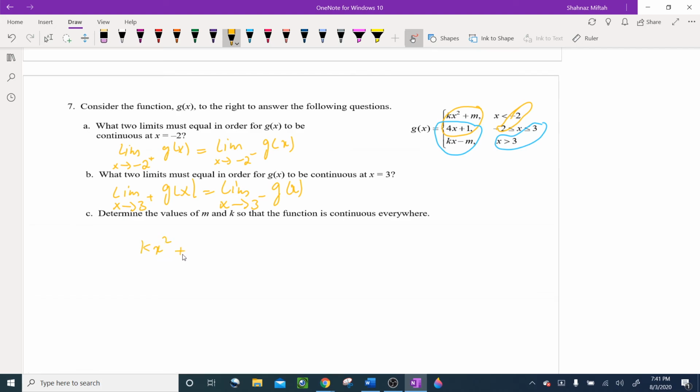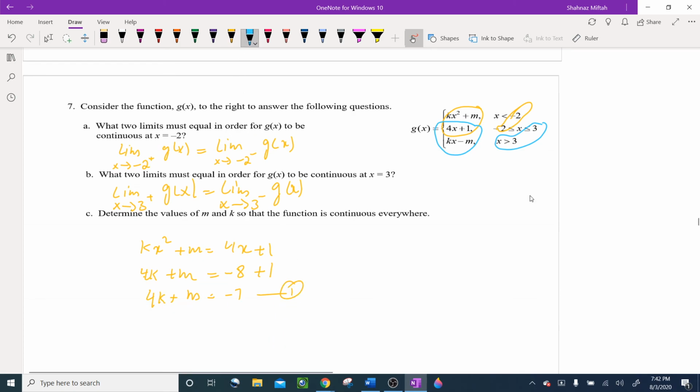Kx squared plus m equal 4x plus 1. Since the x is already given negative 2, I'm going to plug in that. Negative 2 squared means 4k, right? Plus m equal 4 times negative 2 is negative 8 plus 1. So that's negative 7, m plus 4k. So I got the first equation right there.